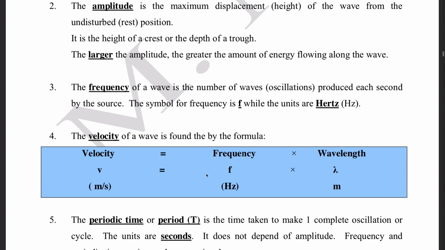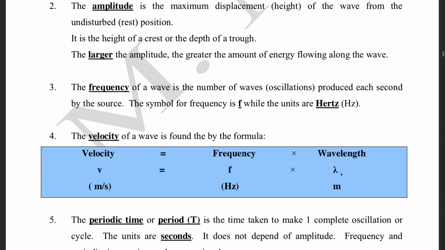So v equals f lambda. Velocity is measured in meters per second, frequency is measured in hertz, and wavelength is measured in meters. So if I want to figure out how fast a wave is, I need its frequency and its wavelength.